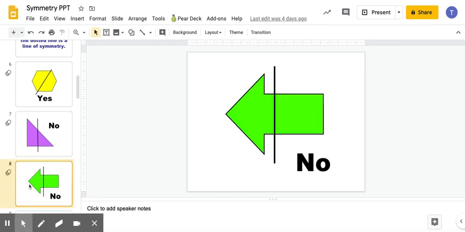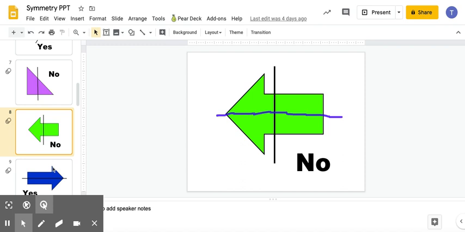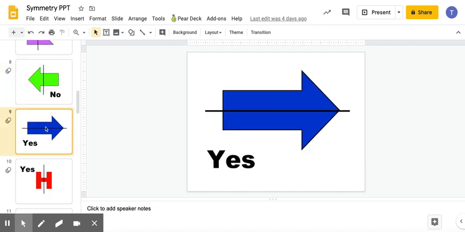Looking at this arrow, again, it says no, that line is not a line of symmetry. But if I take my pen and I draw a line here, and that's not exactly straight, but if I fold it along that blue line, it does have a line of symmetry. Just like on this one, they have drawn a line horizontally, and it does have a line of symmetry.